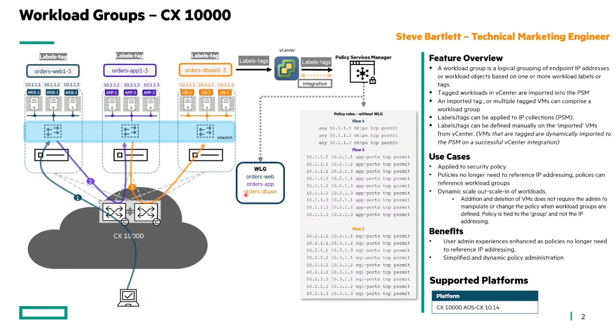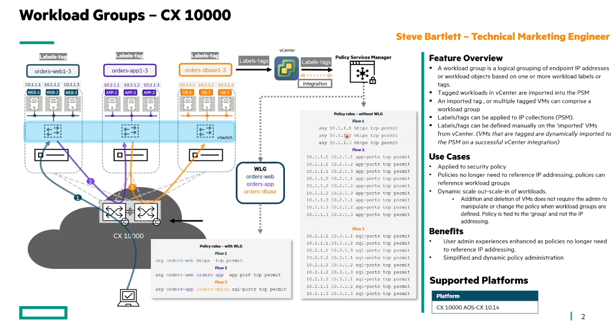On the right here, we've got all these flows with an explicit permit, and in our new policy with workload groups, we've got that down to effectively 3 rules, because we're now using the workload groups. Behind the workload groups are the labels and their IP addressing, so we don't have to reference the IP addressing. We've got this abstraction from the IP addressing, which makes our life as administrators that much easier.